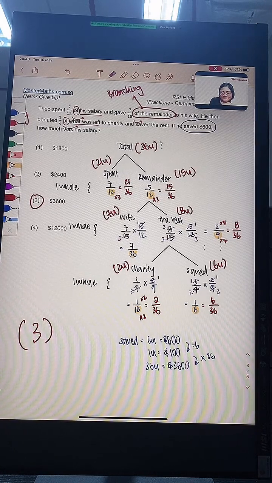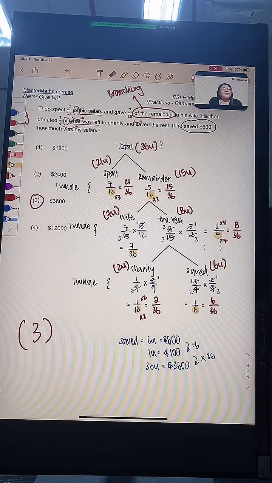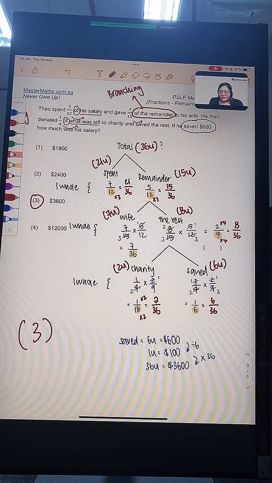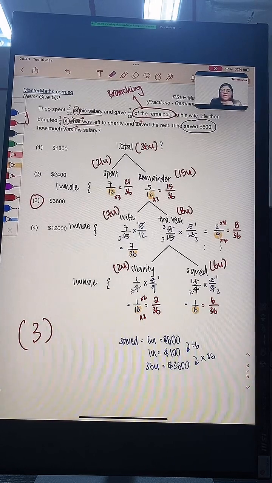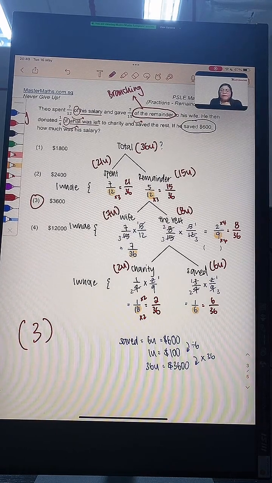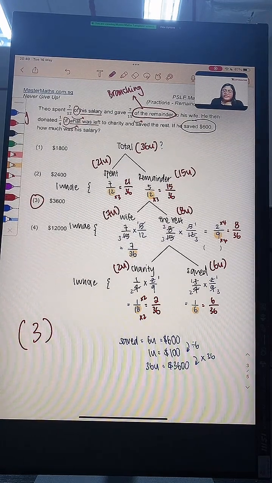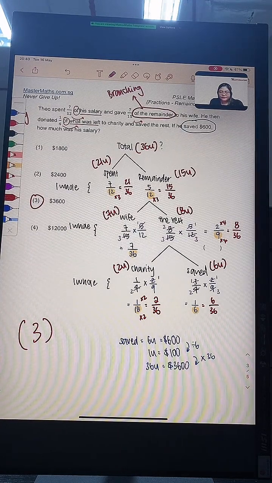In the exams, please remember whatever you have written down, try not to erase it until you have found the correct answer and your previous method is wrong. Then you can solve. Otherwise, in the exam, if you did not manage to solve and you erase whatever you have thought of, you cannot even get any method marks.